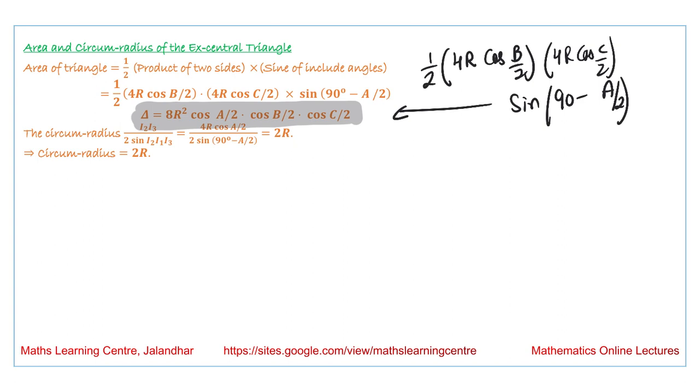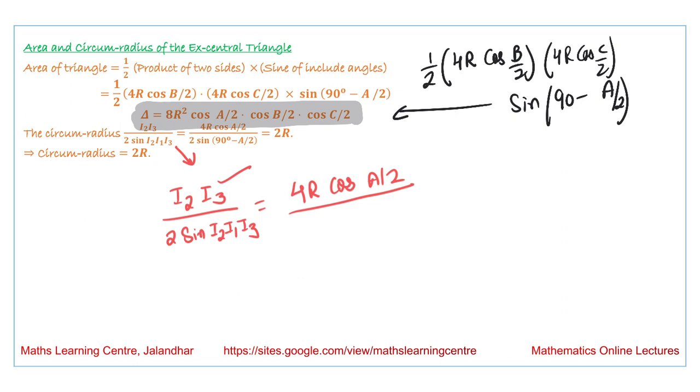And if we have to calculate the circumradius, we say I2I3 by 2 sine of angle I2 I1 I3. If we calculate this value, that will be equal to 4r cos A by 2. We have substituted this in the formula of the circumradius corresponding to this excentral triangle.